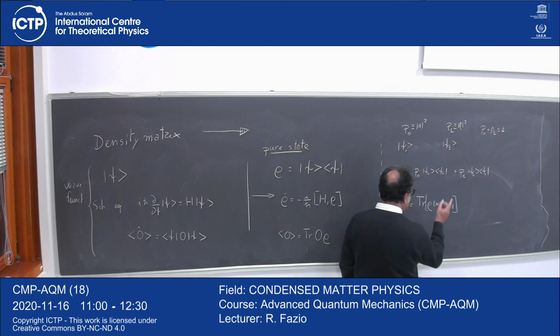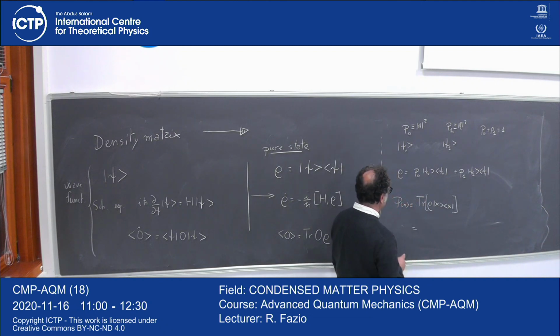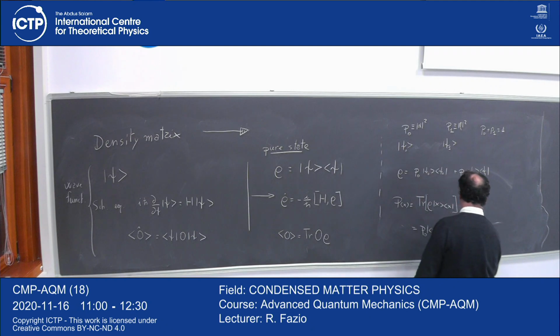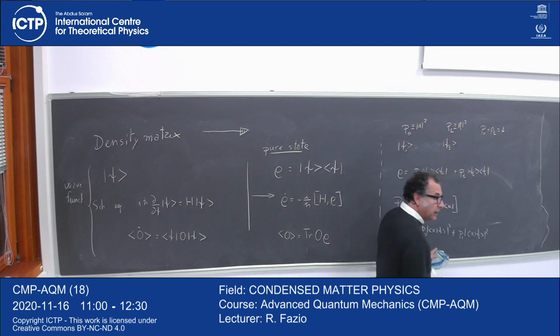If you do this with the rule I gave you last time, then automatically you see that this is equal to P0 |<x|psi 0>|^2 plus P1 |<x|psi 1>|^2, the right result.